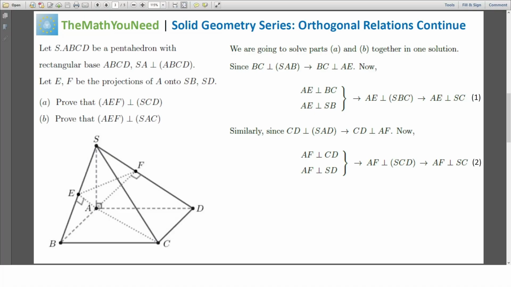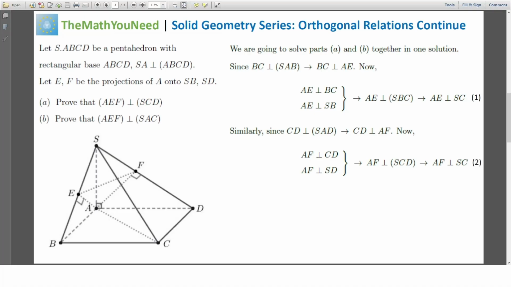Or to set it the other way around, AF is perpendicular to CD. But AF is also perpendicular to SD by given. So together, AF is perpendicular to the plane SCD. And from here we can deduce that AF is perpendicular to SC. And we call this result number 2.